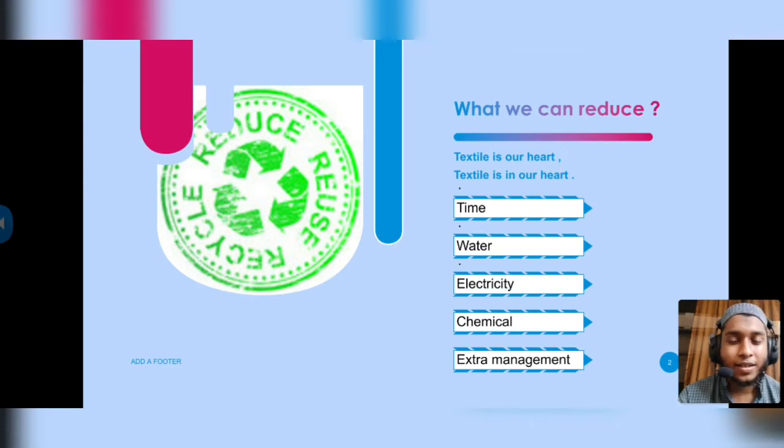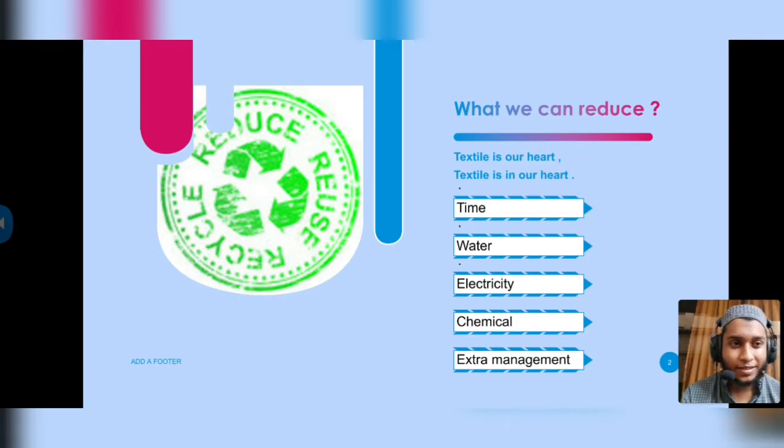As a result, in these factories we can see very big establishments where thousands of workers are working all day long, and that's why we need huge electric power, light, fan, etc. So here we can reduce electricity. Then chemical, we use chemicals in dyeing, in printing, in pre-treatments, after treatments, so many times. So we can also reduce chemicals.